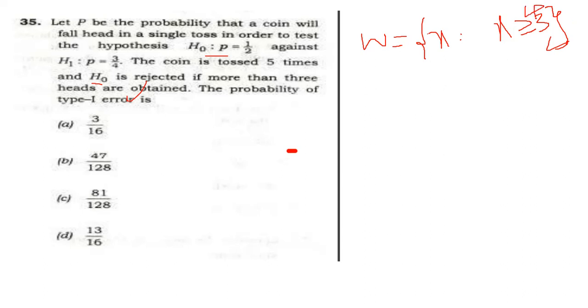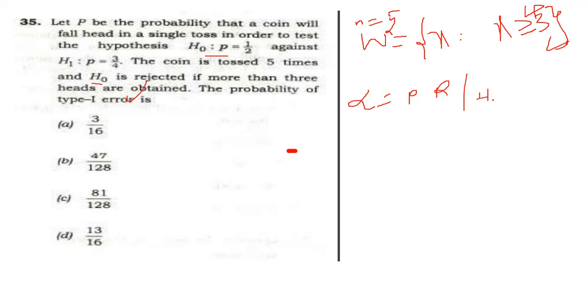Now here N is given, N equal to 5, the probability of success is also given, the probability of failure and the alternative are also given. Now what do we need? Alpha. What is the alpha formula? Probability of rejecting H naught when H naught is true.